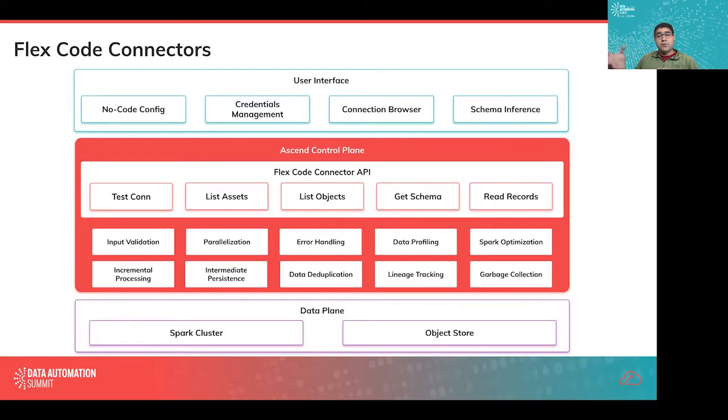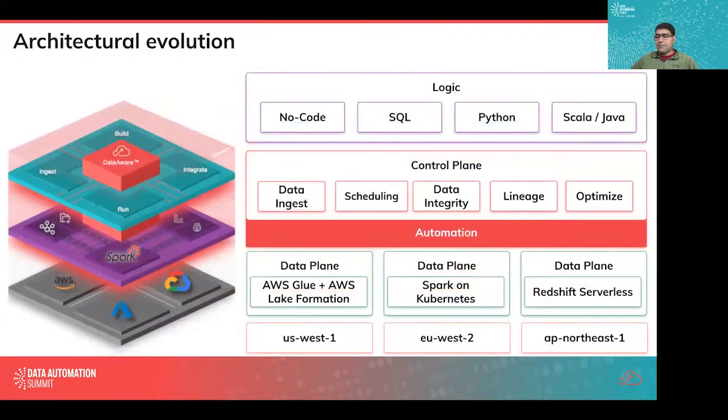So if you think about a data lake like Lake Formation or a data warehouse like Redshift, we started to see an overlap between the types of connectors, the types of sources we were reading from or writing to, right? And the actual runtime platform and the transform engine that we were using to process the data. And that led us to rethink what a data plane actually means, right?